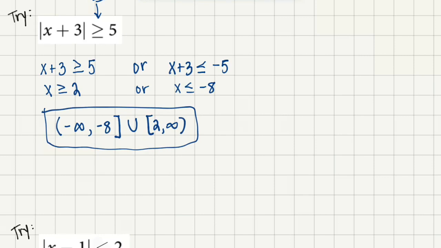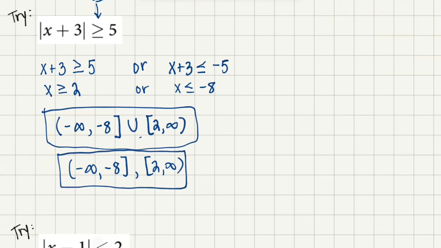Now another way to write the interval notation is to put a comma in place of the union symbol. So more and more textbooks, I believe, are starting to use that comma to just show that you've got a solution set that is, for instance, from negative infinity to negative 8.